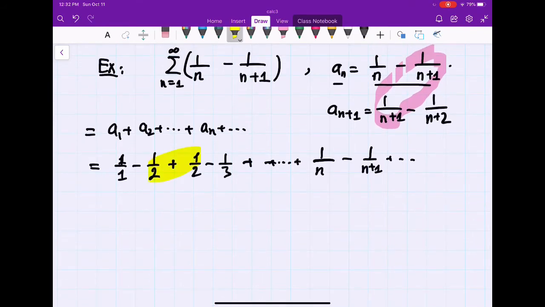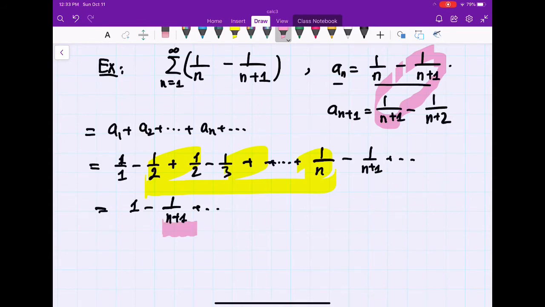This will be cancelled out, this will be cancelled out, and everything in between will be cancelled out. So at the end, you get just 1 minus 1 over n plus 1. And of course, if you continue this, 1 over n plus 1 will be cancelled out.